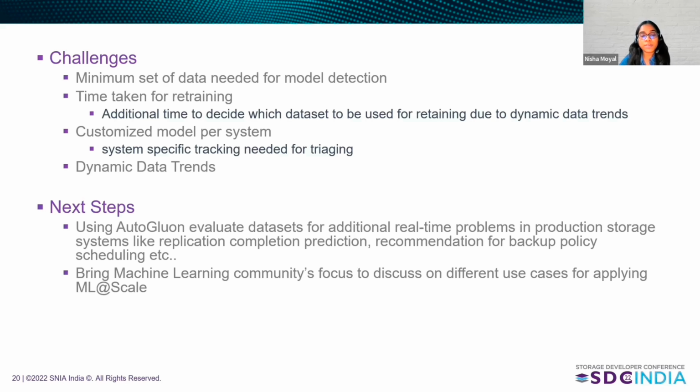The next challenge is the customized model per system, where gradually every system will have its own model per data set trend. So we need some system specific tracking for debugging, so that we can handle any kind of system with any kind of data set they bring to AutoGluon.